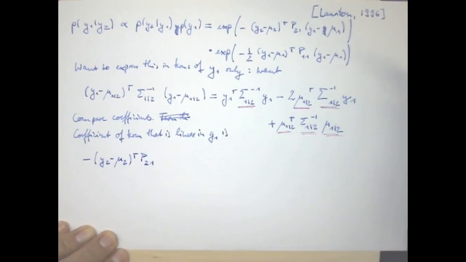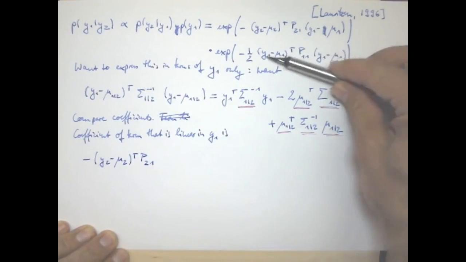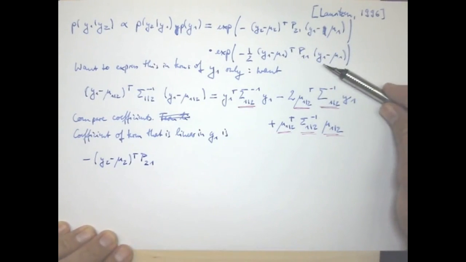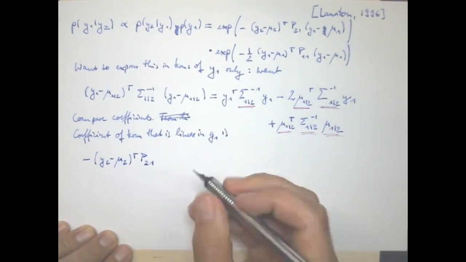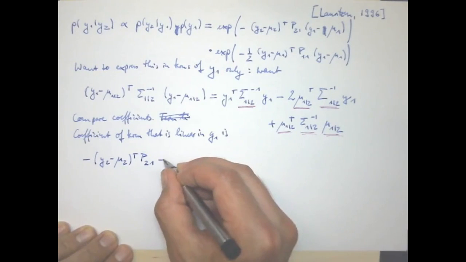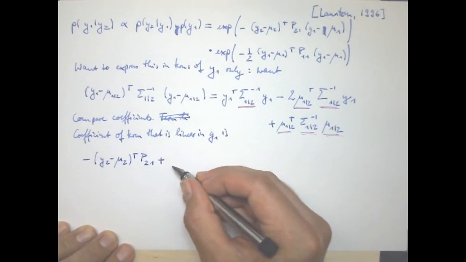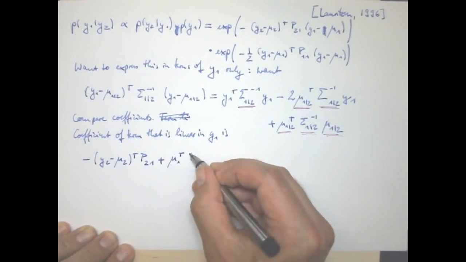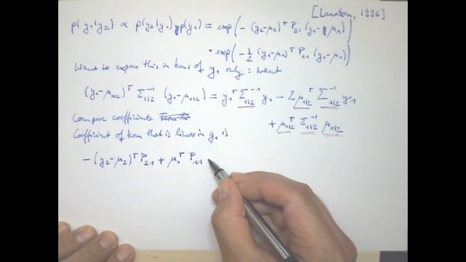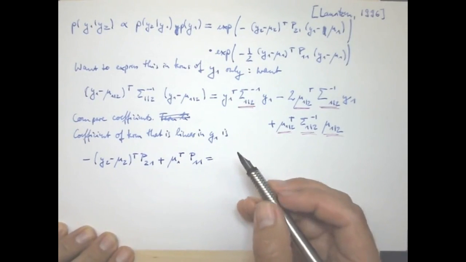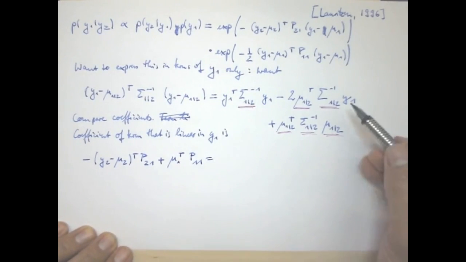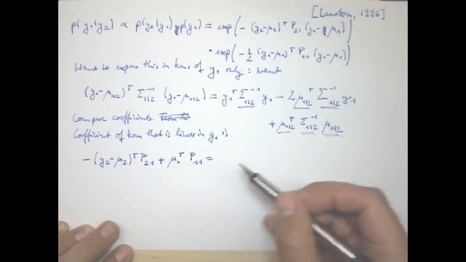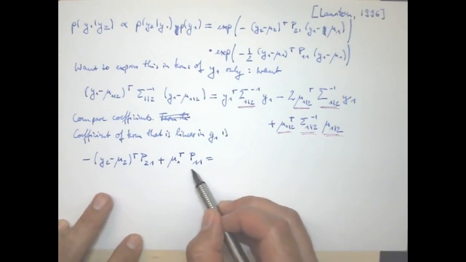And then down here, I still have a mixed term which is also linear in y1. And I can rewrite this by multiplying out this P11.